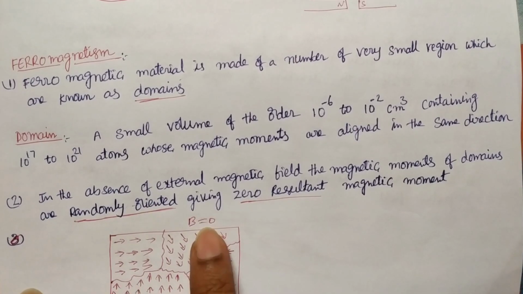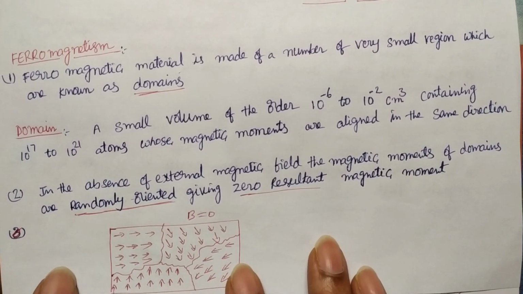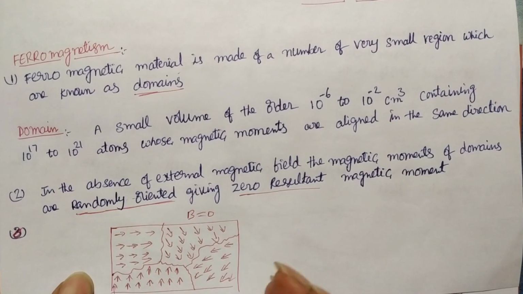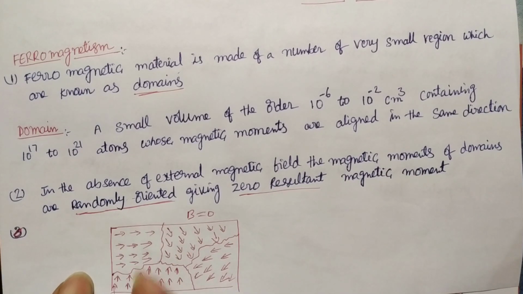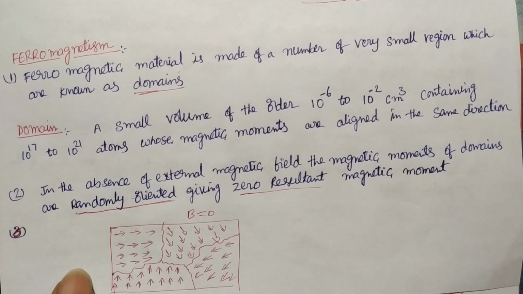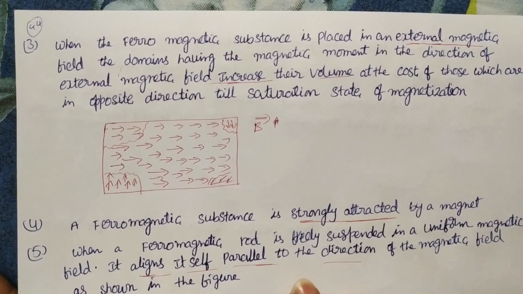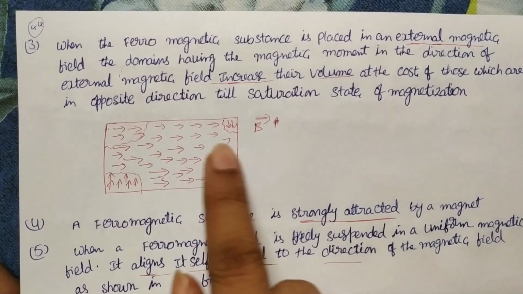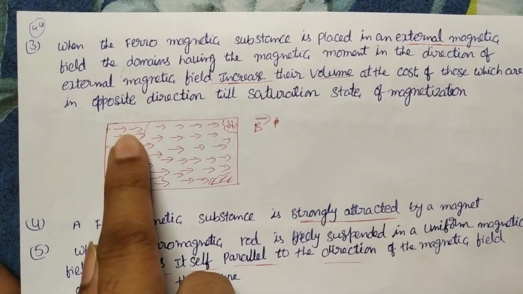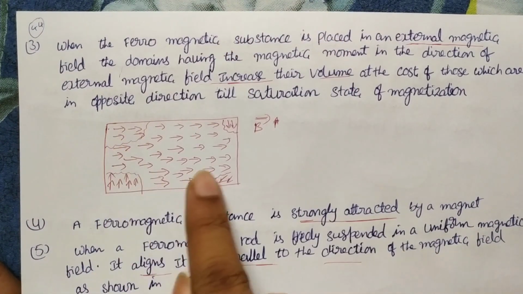Suppose you are not applying any field externally; these domains remain like that only. The net field is 0, because some of the domains point horizontally, some vertically upward, and some are inclined. But what happens if you apply an external field? The domain which is in the same direction as the external field expands, its range increases.